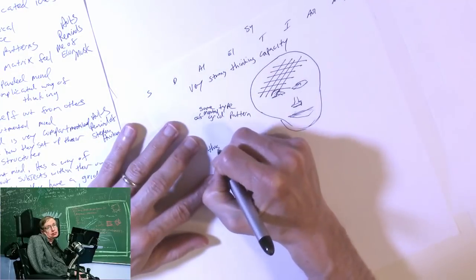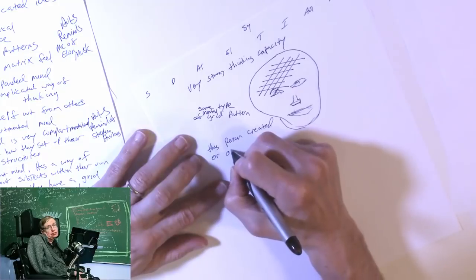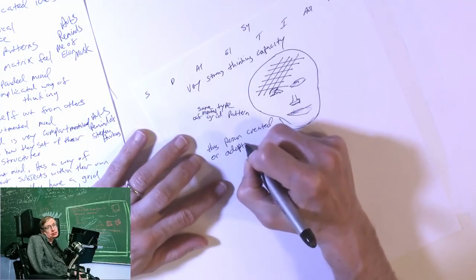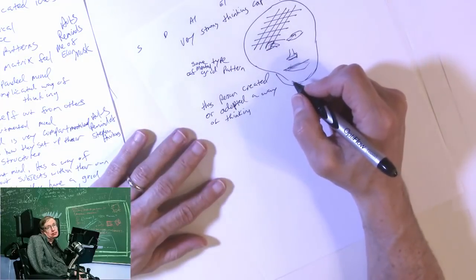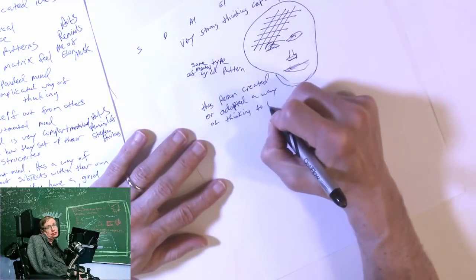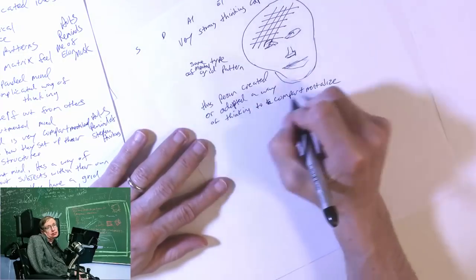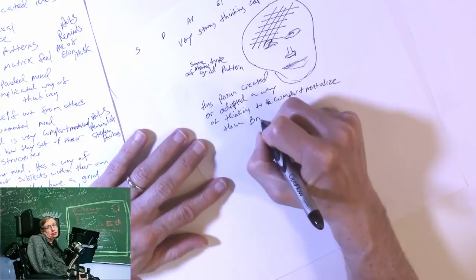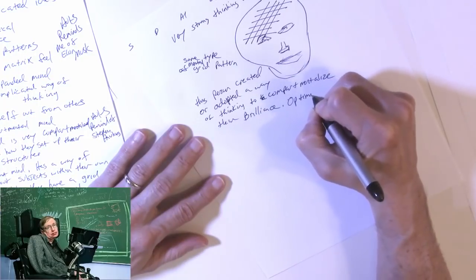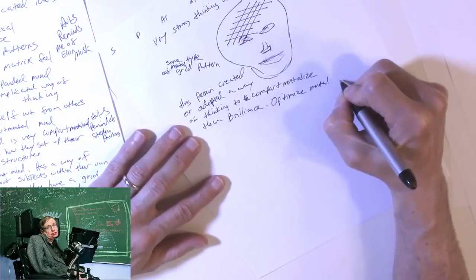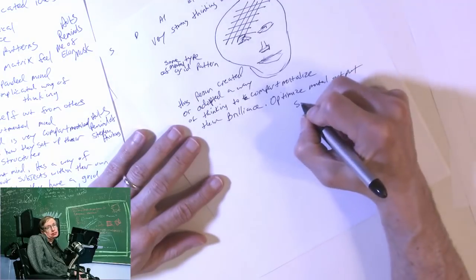Like this person created or adopted a way of thinking to compartmentalize their brilliance, or optimize mental output. Optimize mental output. You know, I'm getting this feeling of science.